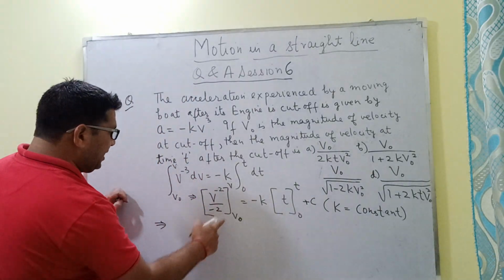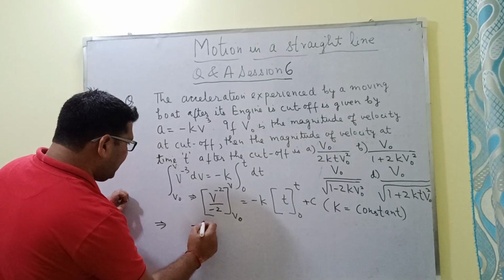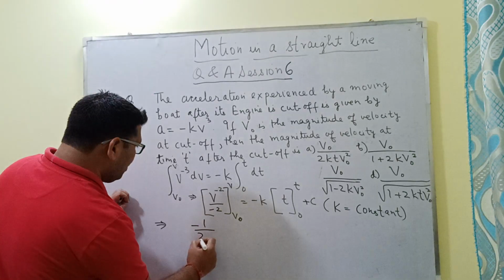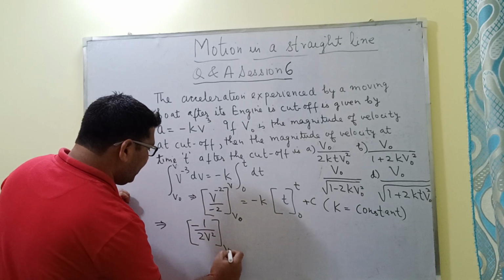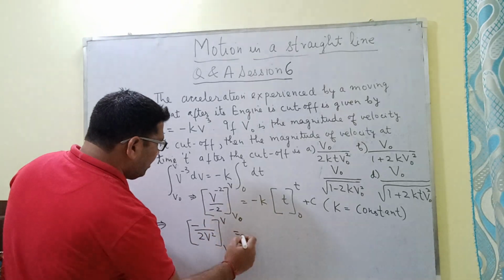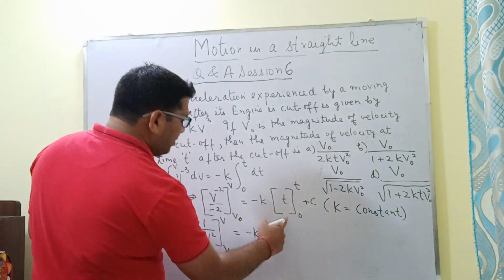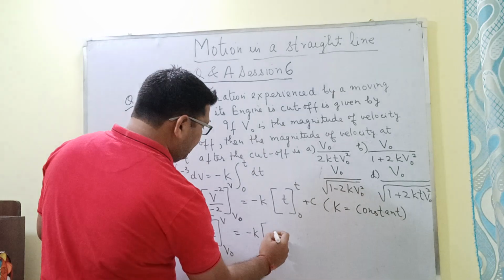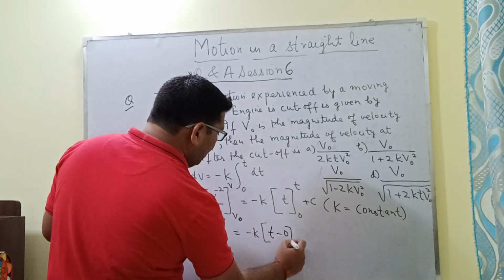So now I will be putting the values here, and I will be getting this as minus 1 by 2 v square, from v naught to v, equal to minus k times t minus 0, plus c.